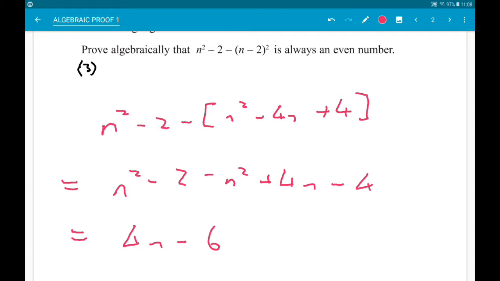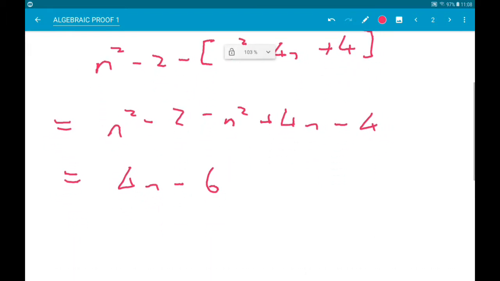Okay, now you may notice here both terms have a common factor of 2. So we can write this as 2 lots of (2n minus 3).